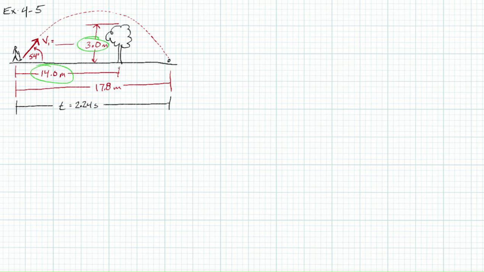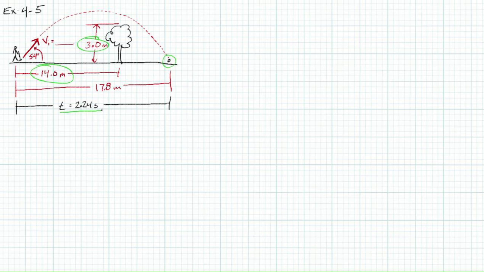And what else are we told? Oh, that the whole distance of the ball's flight was 17.8 meters. So it starts here and it lands right there, and so 17.8 meters is the total horizontal distance that the ball travels. We're also told initially that when it lands, it's 2.24 seconds later. That means the whole flight of the ball was 2.24 seconds.